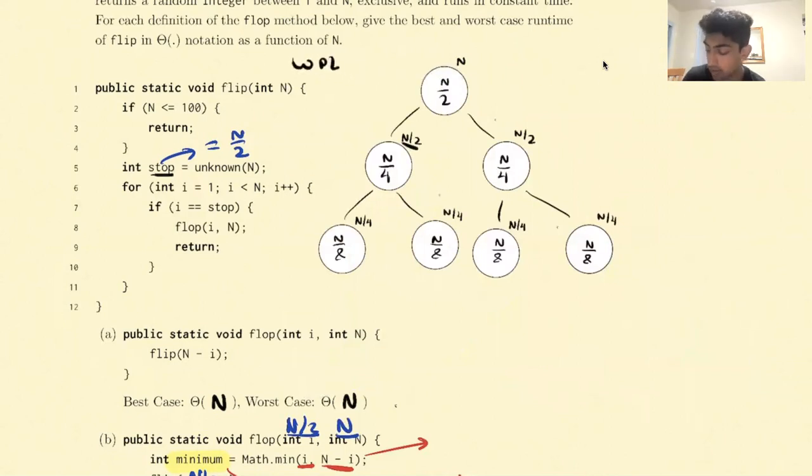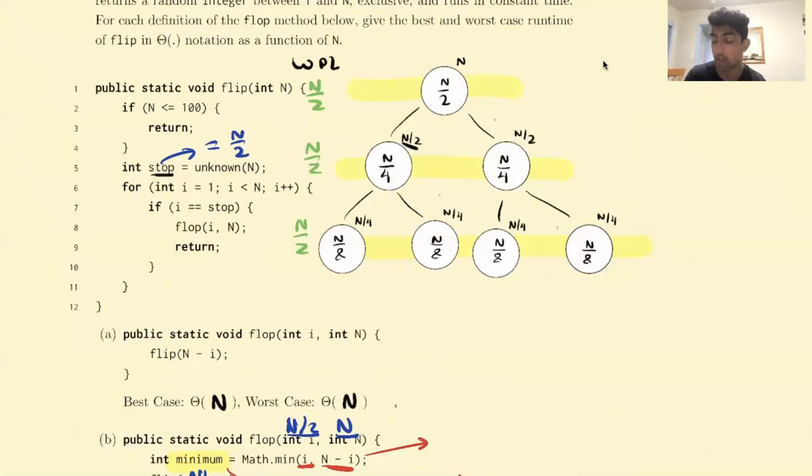Looking at this top level, we're doing n over 2 work. Looking at this next level, we're doing n over 4 plus n over 4, which is also n over 2. Looking at this next level, we're also doing n over 2 work, because the sum of n over 8 plus n over 8 plus n over 8 plus n over 8 is n over 2.